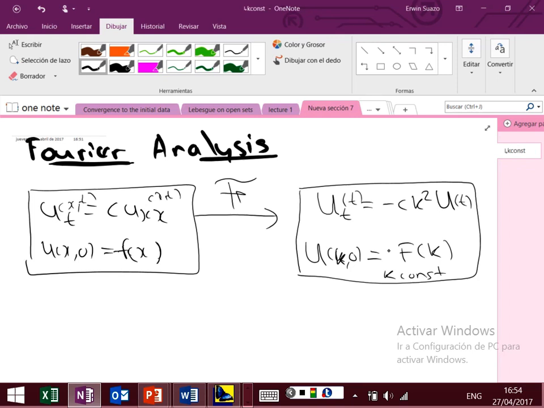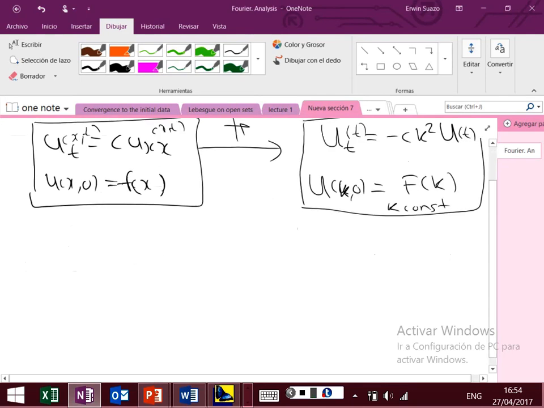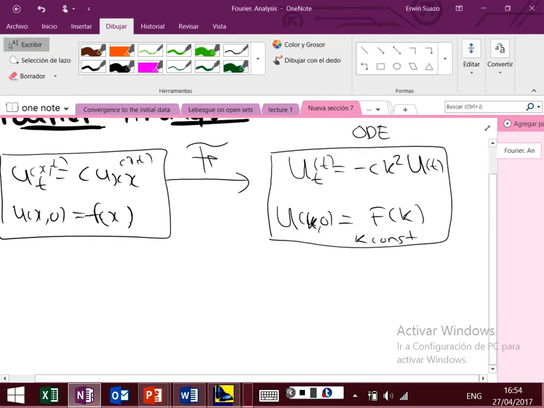So this problem now is an ordinary differential equation. This is an ODE. So now you can solve that one with your ordinary differential equations class.